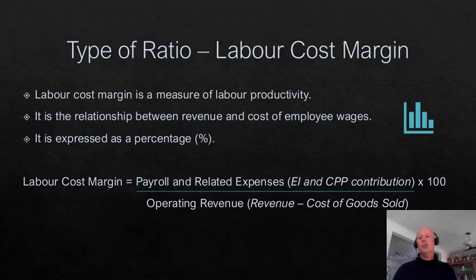Same with employment insurance. And the employment insurance, if you remember, and I hope some of you do, it's actually 140%. It's not equal to what the employee contributes. It's actually more. So an employer really does have a lot more in labor costs than just the employee wages. So just to remember that.